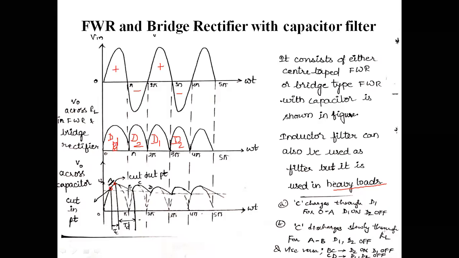Beyond this point, only when the input voltage Vin is greater than the capacitor voltage Vc is diode D1 in forward bias condition.